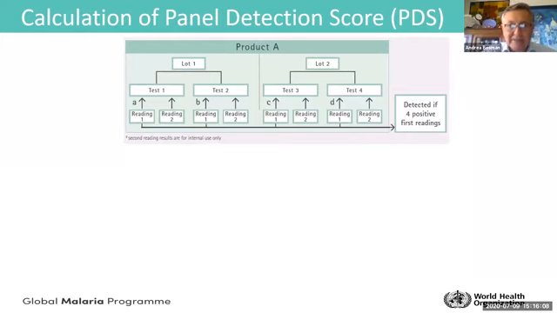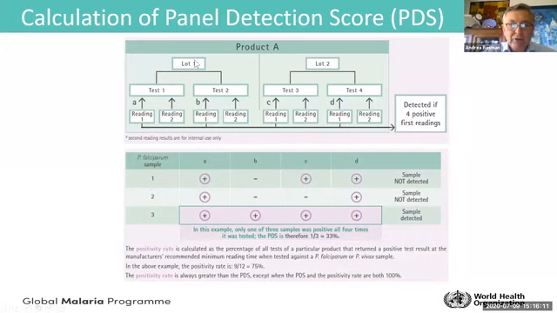And the system is quite elaborate. I will not enter into the detail, but for each test, the assessment is done in 2 lots, and from each lot, 2 different tests are evaluated, and these are read independently by 2 lab technicians. And each process is then repeated multiple times on different samples of Plasmodium falciparum. In the case of falciparum it is around 100 different samples. In the case of vivax it is around 40.